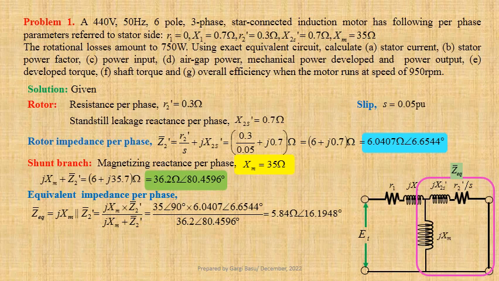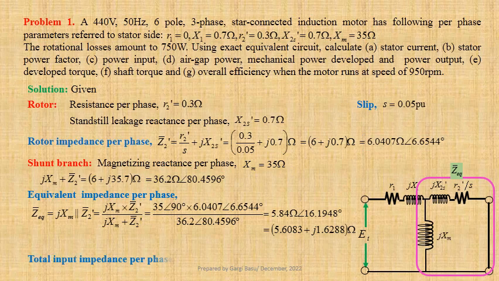This may be written in Cartesian form as 5.6083 plus j times 1.6288 ohm. Let us now determine total input impedance per phase.